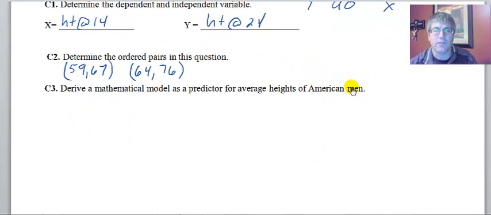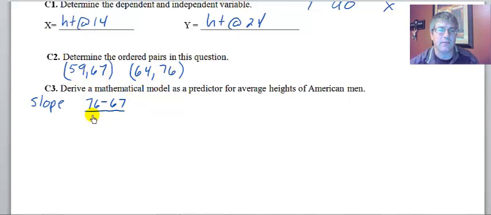We're going to calculate the slope, and then we will put our information into point-slope form. So if we calculate our slope, we'll do 76 minus 67, change in y, over change in x, 64 minus 59, and we get 9 over 5.